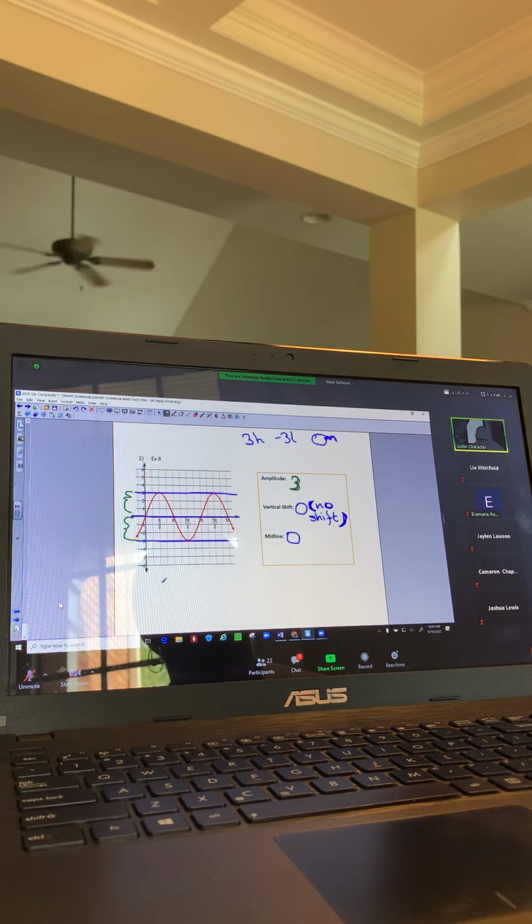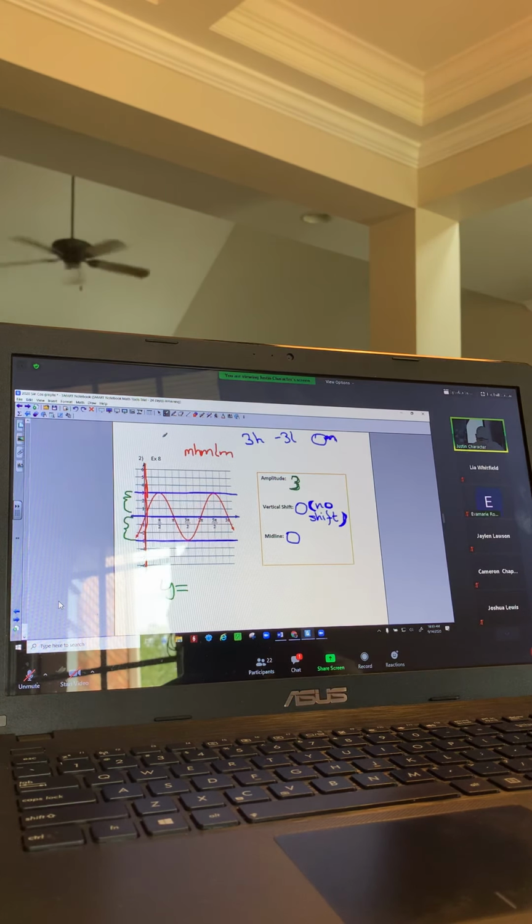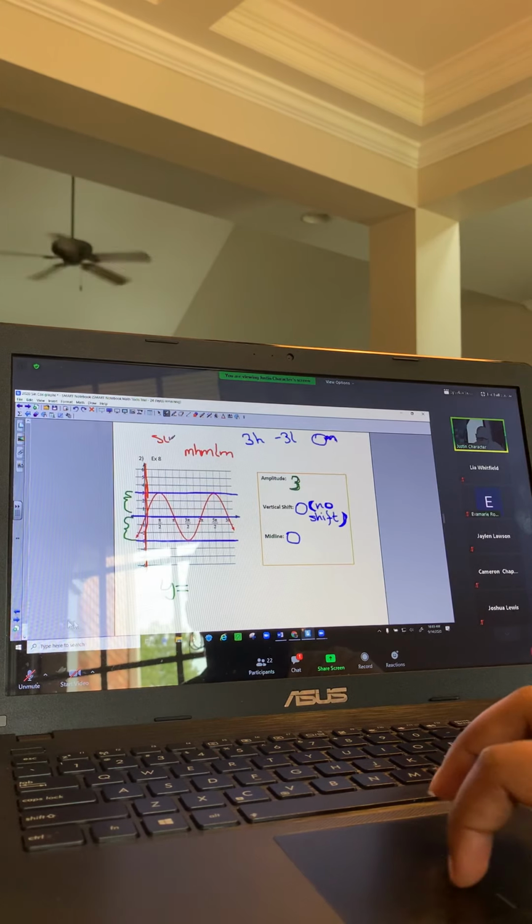And the last thing I need to know is whether this is sine or cosine. Sine. How do you know it's sine? Because this one is going middle, high, middle, low, and then middle, starting from that line I drew. That's a sine graph.